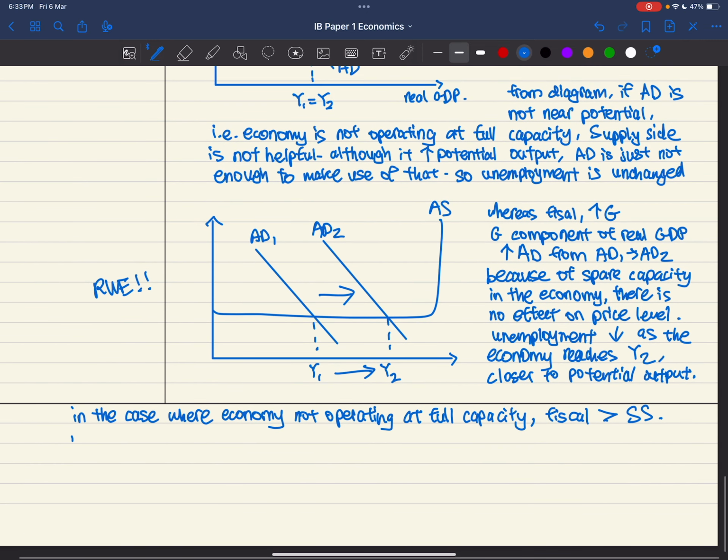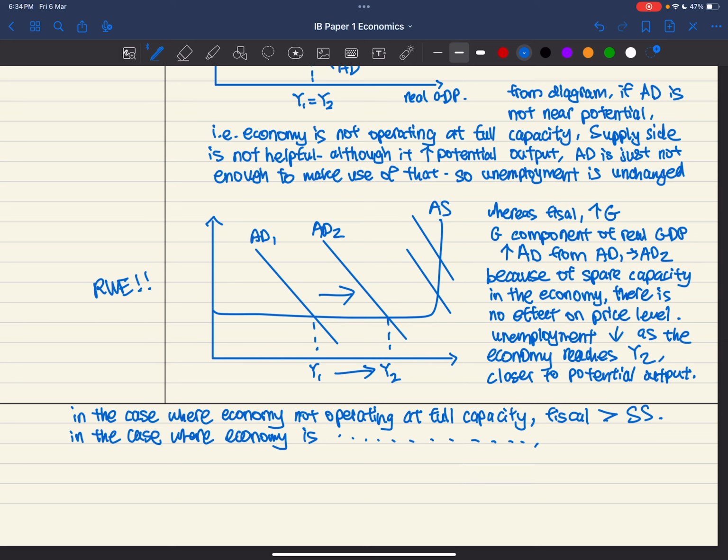But you can say, in the case where the economy is operating at full capacity, what will fiscal do? You can even draw another diagram. Imagine the economy is here. What will fiscal do? It's basically useless. All the fiscal spending will just go towards inflating the economy.